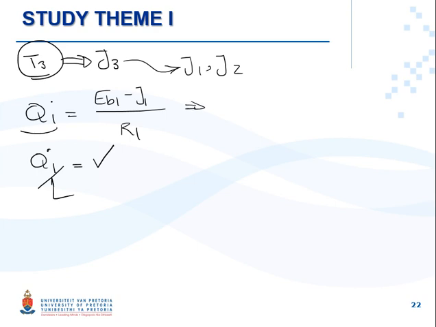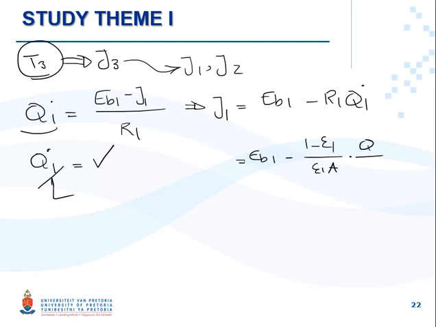Here, J1 is EB1, am I right, minus R1 Q dot 1. So basically it's EB1 minus 1 minus epsilon 1 over epsilon 1 A times Q dot 1. Let's focus on this one.